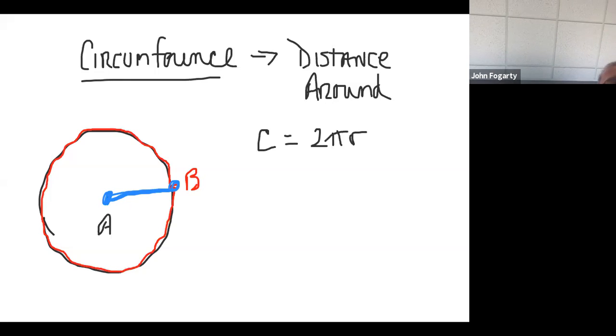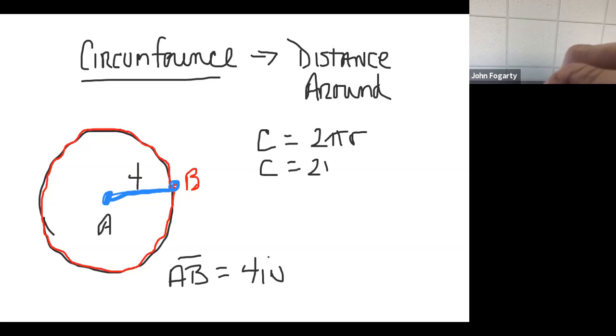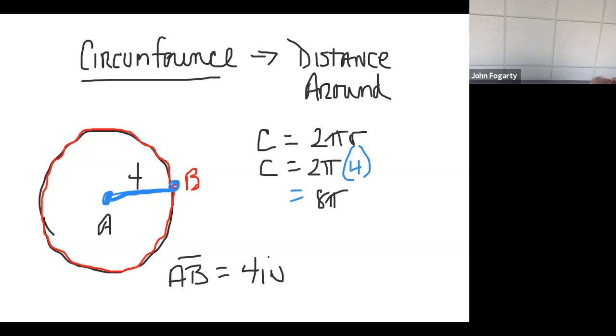So if I told you in this picture that line segment AB was 4 inches, well, if I wanted to know the distance around that circle, I would just go 2 pi times 4. And 2 times 4 is obviously what? 8 pi, right?